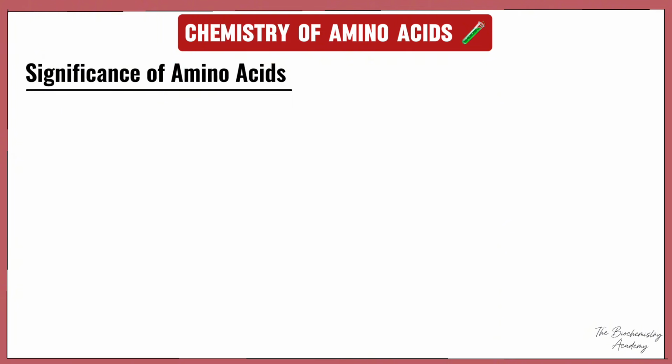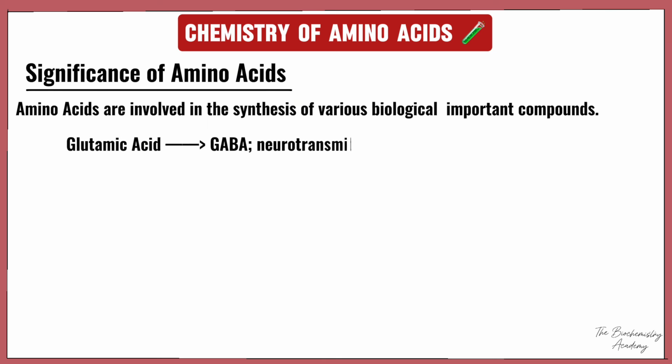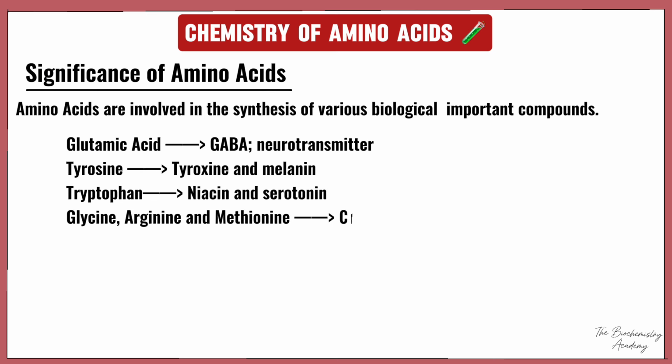Let us talk about the significance of amino acids. Amino acids are involved in the synthesis of various biological compounds. For example, the amino acid glutamic acid is involved in the synthesis of GABA, which is a neurotransmitter, and tyrosine is involved in the synthesis of thyroxine and melanin.